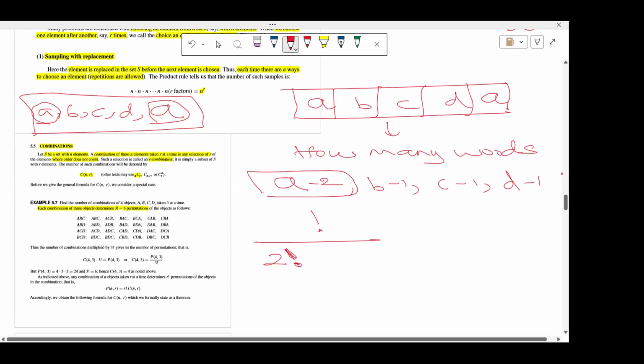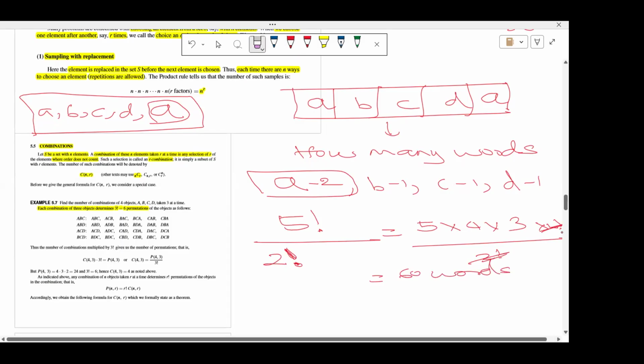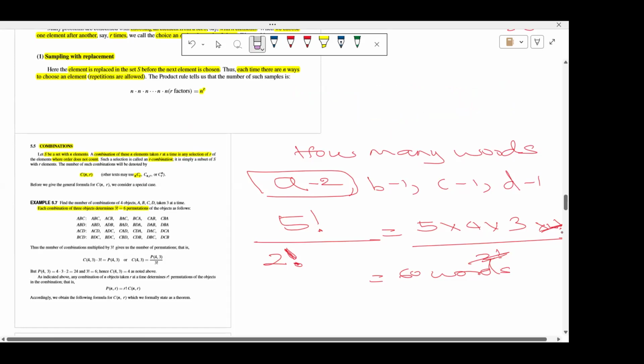Here n is 5, so 5 factorial over 2 factorial. 5 into 4 into 3 into 2 factorial over 2 factorial, we can cancel. So 5 into 4 into 3, 60 words we can generate. This is the third scenario. Did you understand or not? Please let me know whether you understand or not.